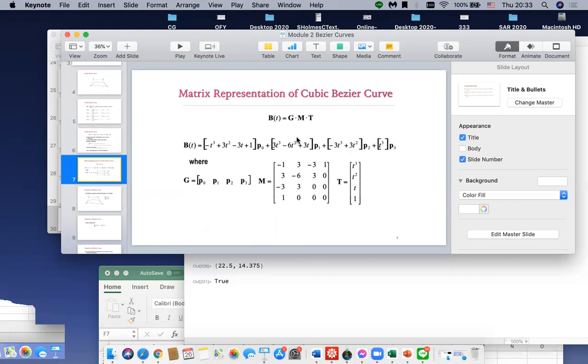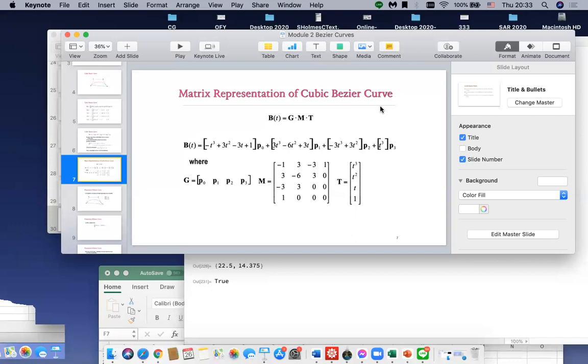This is what I showed you here, a matrix representation for a Bezier curve of degree 3. What happens if I want the matrix representation of degree 4 or degree 5? How can I get it?